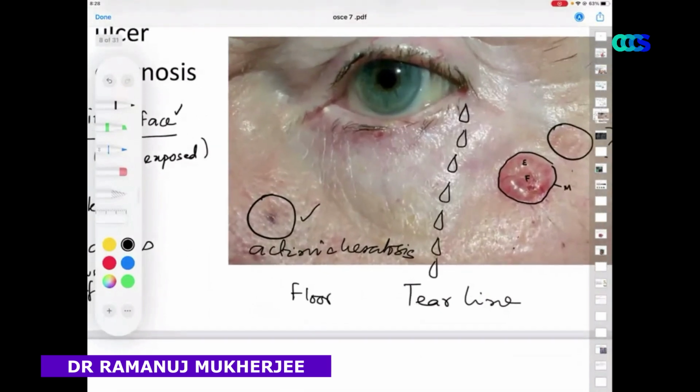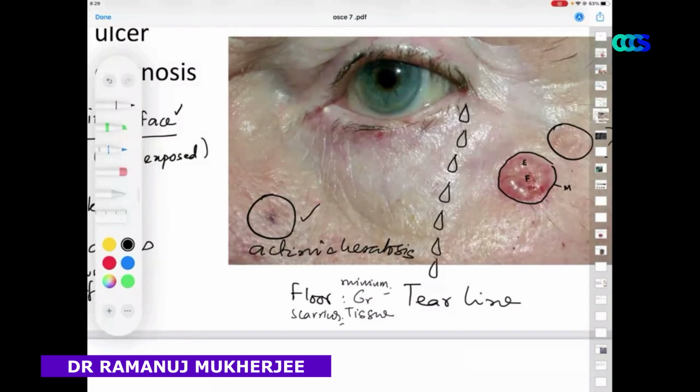Come on, man, you are describing an ulcer, so how can the floor again have an ulcer? What do you get to see in the floor of this ulcer? Granulation tissue. Very good. Floor is filled up with a minimal amount of granulation tissue, but please write the word minimal amount of granulation tissue. What I'm more interested in is if you had said some amount of scarring in the floor, because there is little amount of scarring and granulation tissue in the floor.